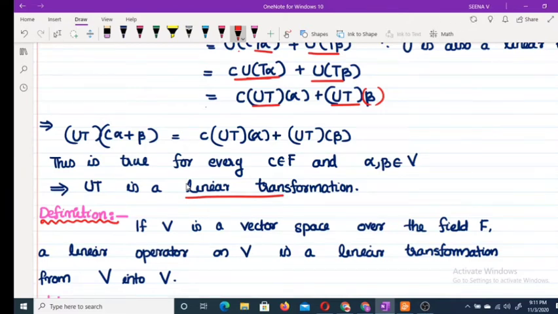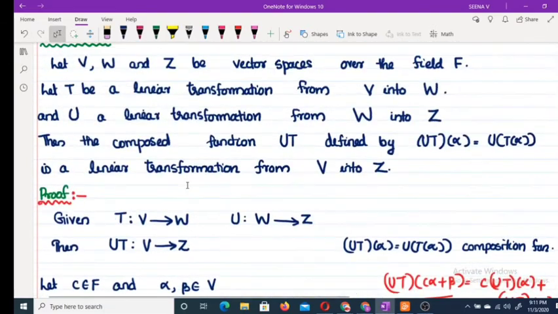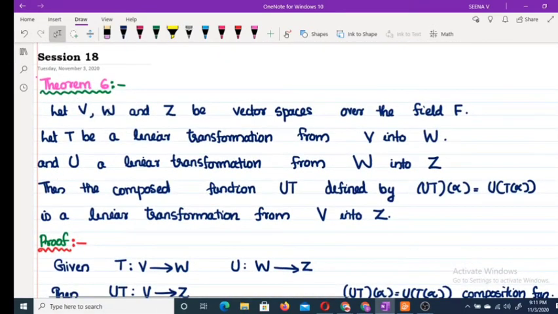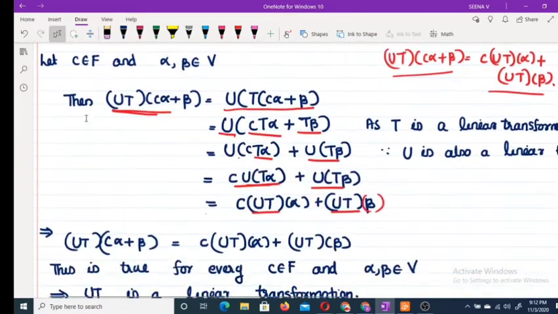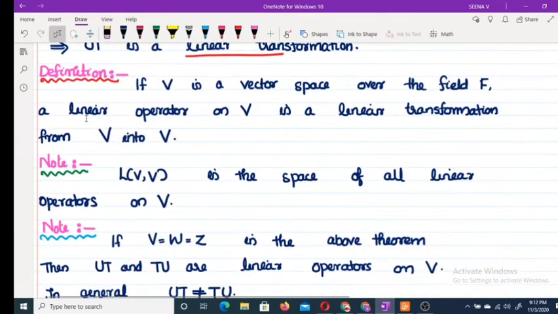Now, here we have the spaces V, W, Z. There may be cases like V equal to W and Z also equal to V. In such cases, the linear transformation is called a linear operator. This is our next definition.